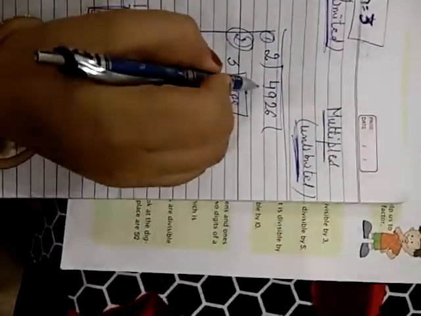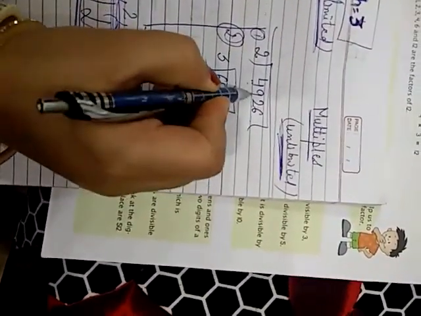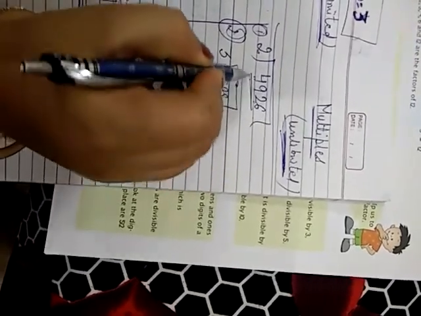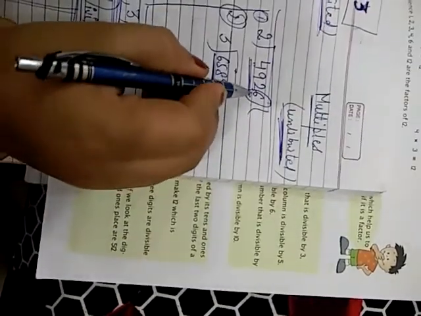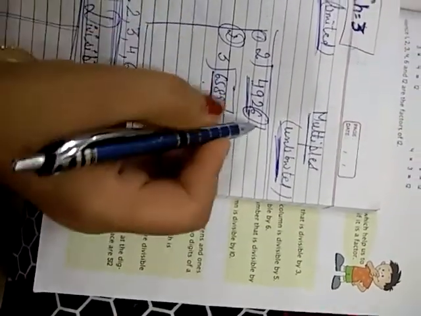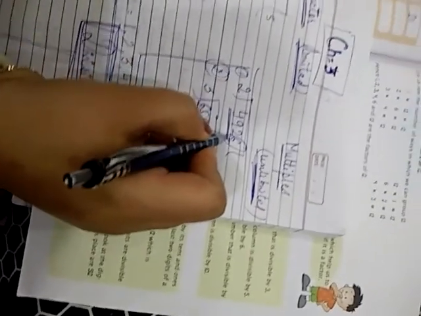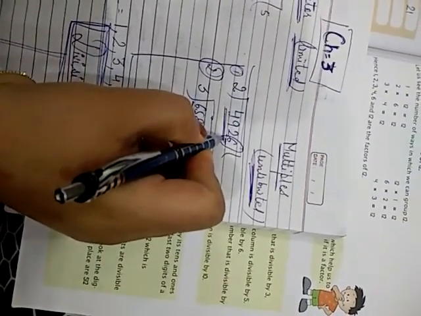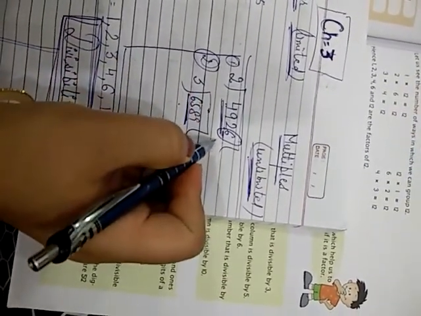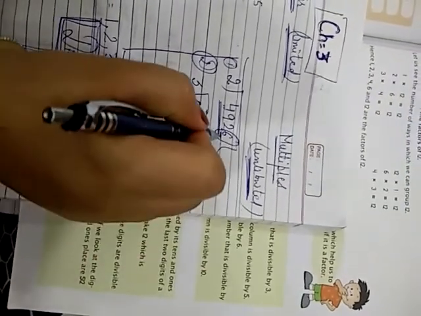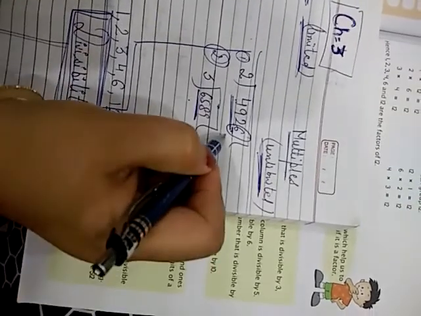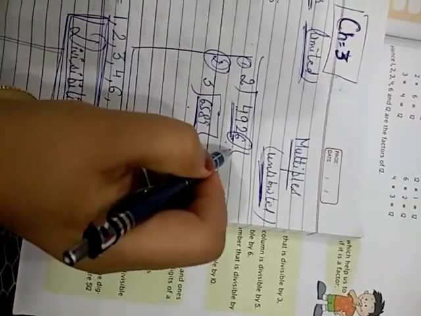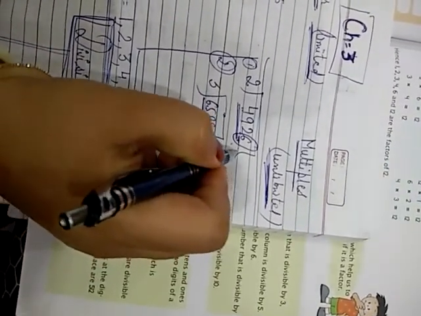For example, this 4926, is this number even or odd? Just check the unit digit. Unit digit means last digit. Now tell me, 6 is even or odd? Even. So the complete number is even. Now if the number is even, it is divisible by 2. So without division, you can tell yes, it is divisible by 2.